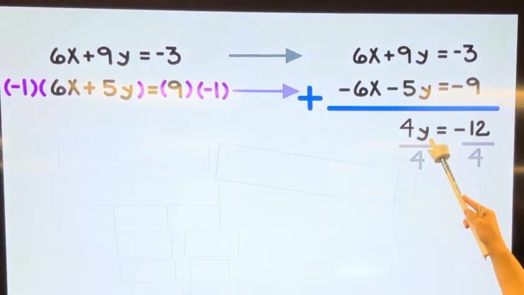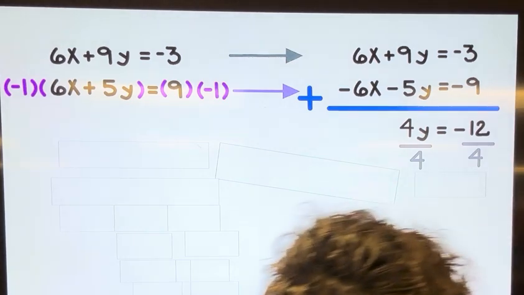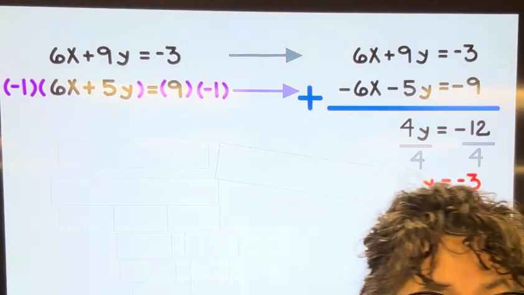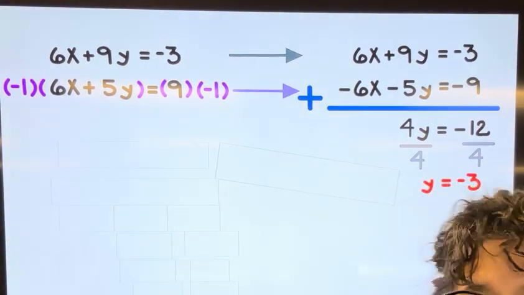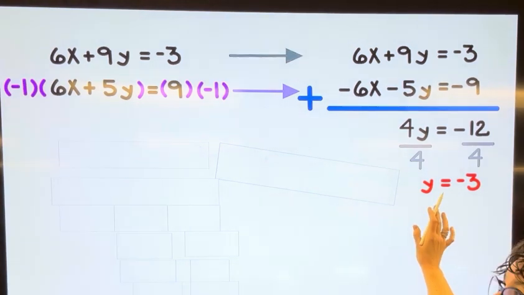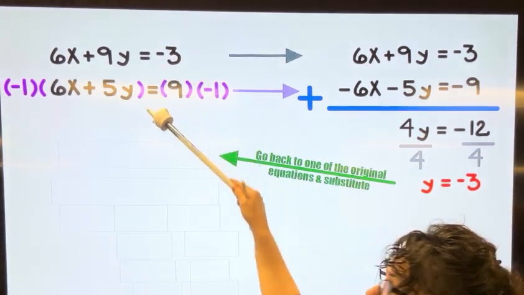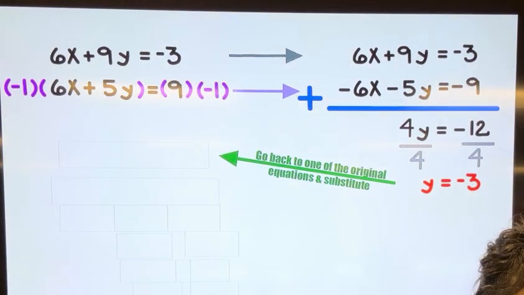And then finally, my y is by itself, and -12 divided by +4 is -3. So just like the last one, I want to take my answer and substitute it back into one of the original equations. It does not matter which one of the original equations I grab.